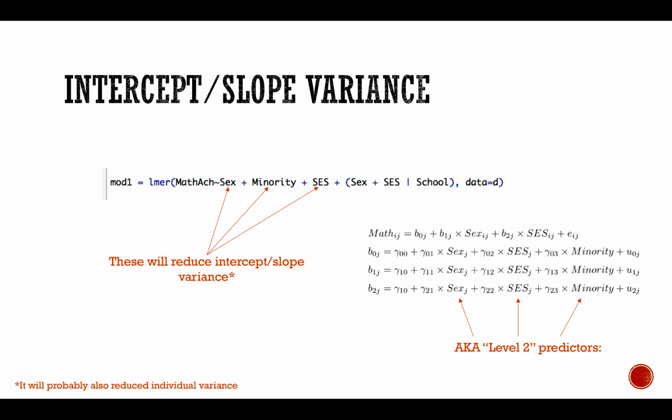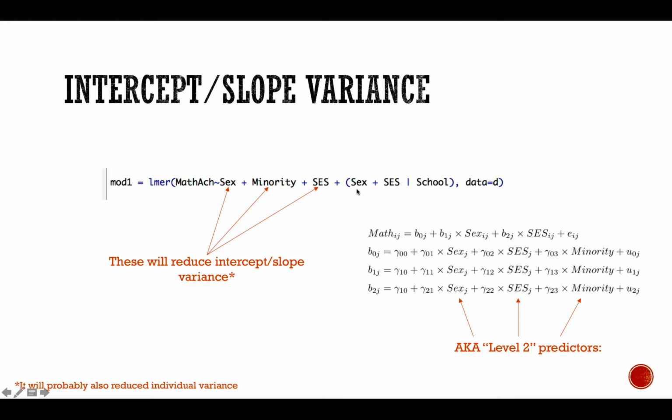So here's another way to think about it. If you look at the mathematical notation on the right, that is the mathematical version of the model. So we got math subscript ij is equal to a random intercept plus a random slope times sex, which is a random effect, plus B2j times socioeconomic status, which is a random effect.